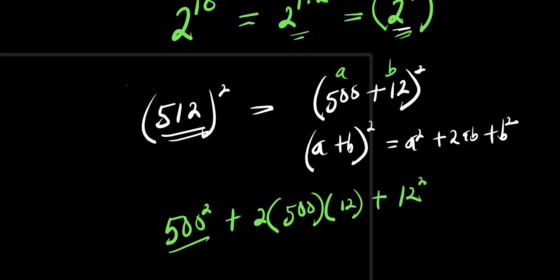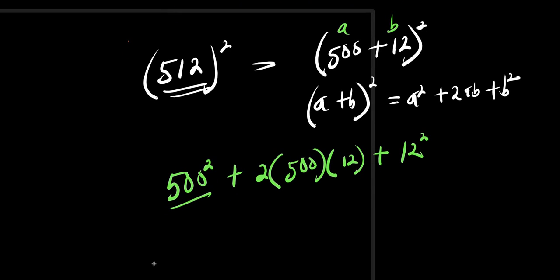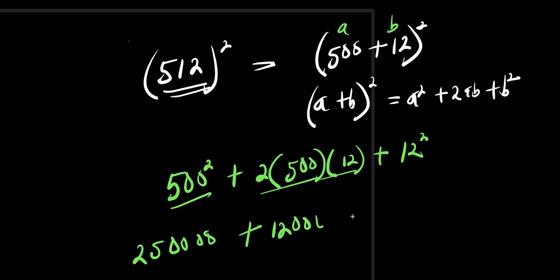So 500 squared, that is 500 times 500. 5 times 5 is 25. So you have 100 here times 100, that is 10,000. So you have 4 zeros. Plus 2 times 500, 1,000. 1,000 times 12, that is 12,000 plus 12 power 2, that is 144.